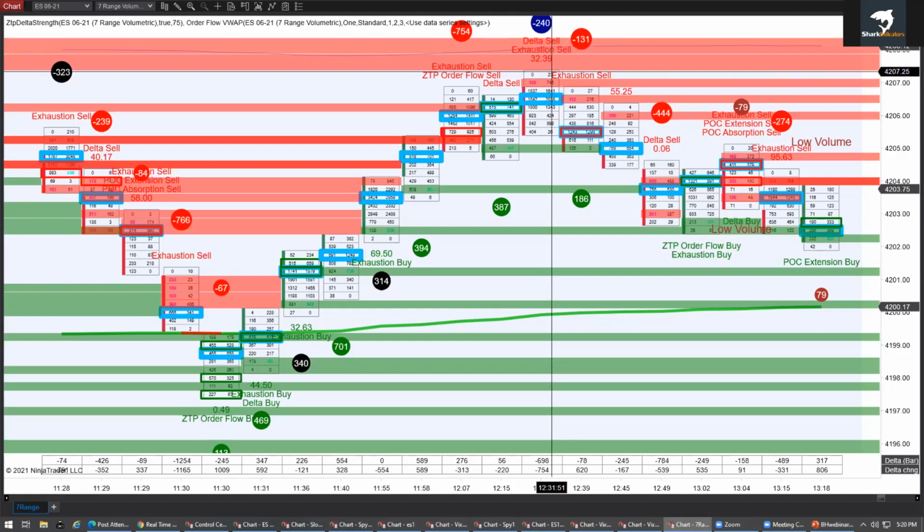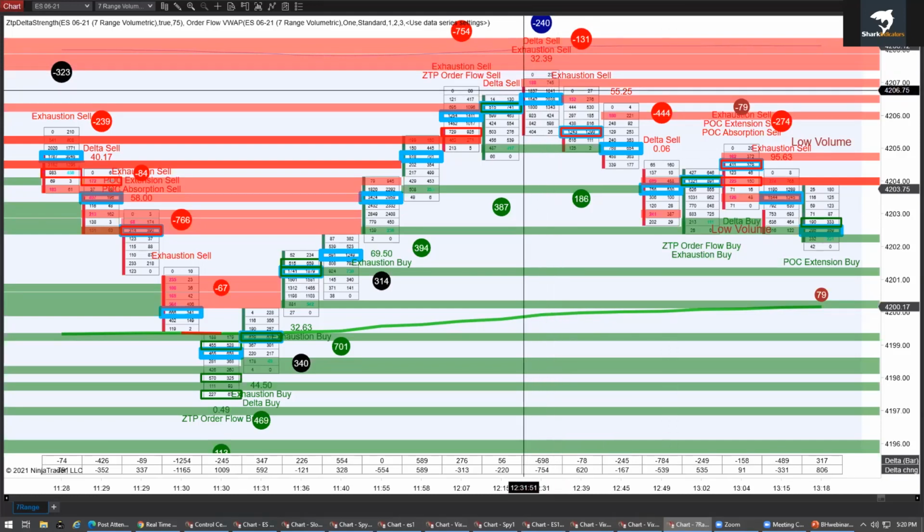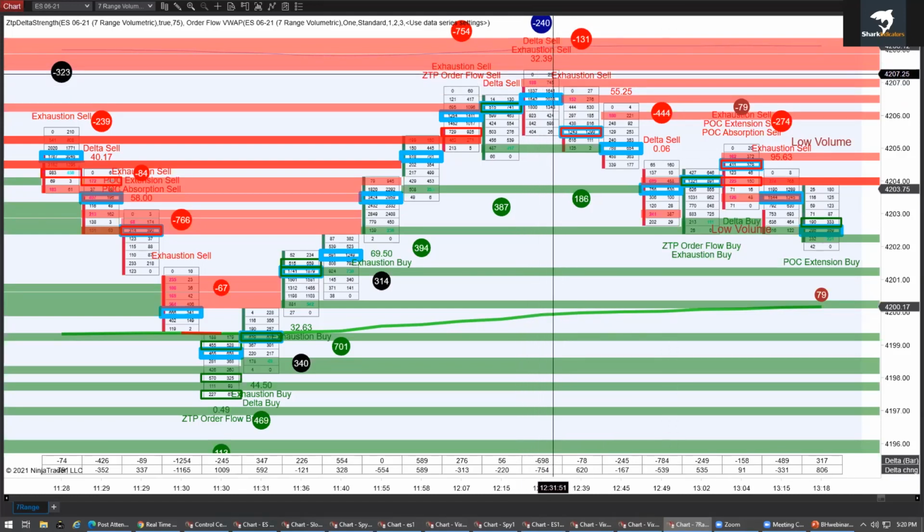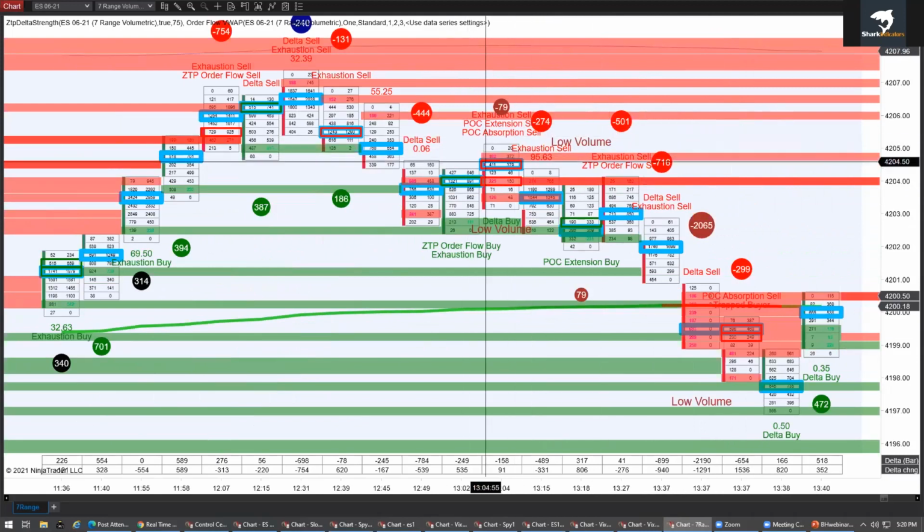But in order to change the actual direction of price, they take over with market orders. And that's why about 70% of the time, one tick from a high, one tick from the low, we see that. We see it again happening right here on this low, and then right here on this high.